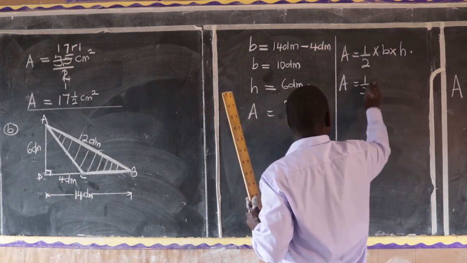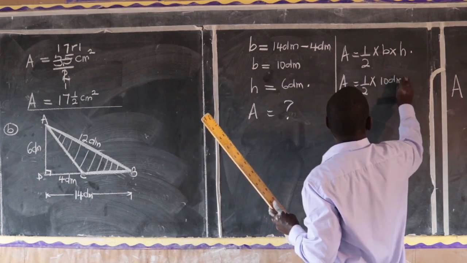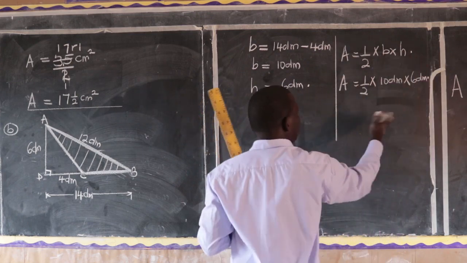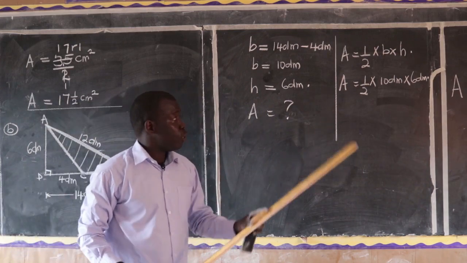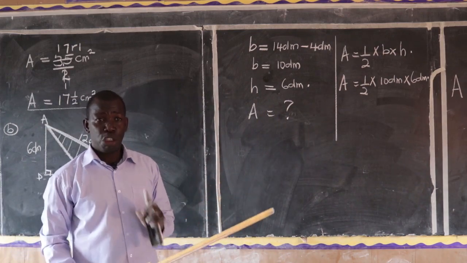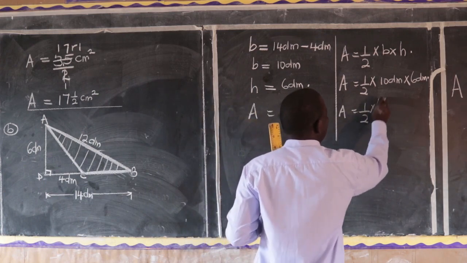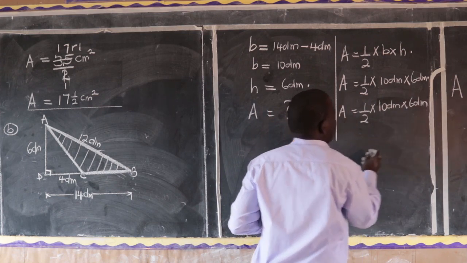Area is a half times the base, which is 10 decimeters, and the height is 6 decimeters. Good. I said don't make any cancellation there. Don't cancel from that step. Leave it as a substitution step. So rewrite and say a half times 10 and the height is 6 decimeters.